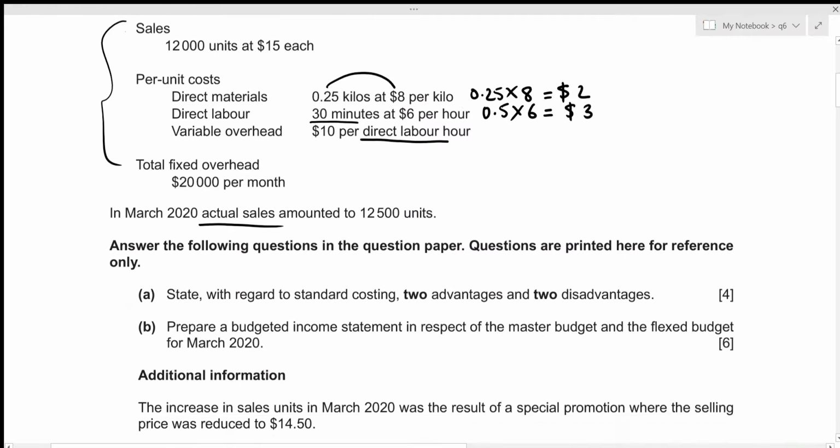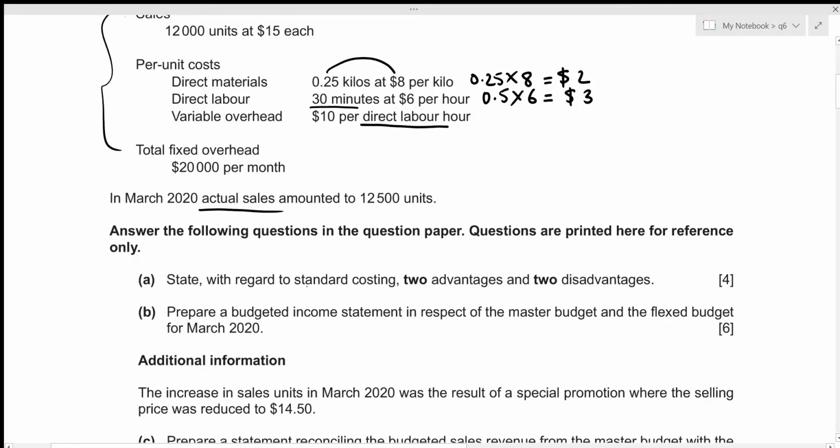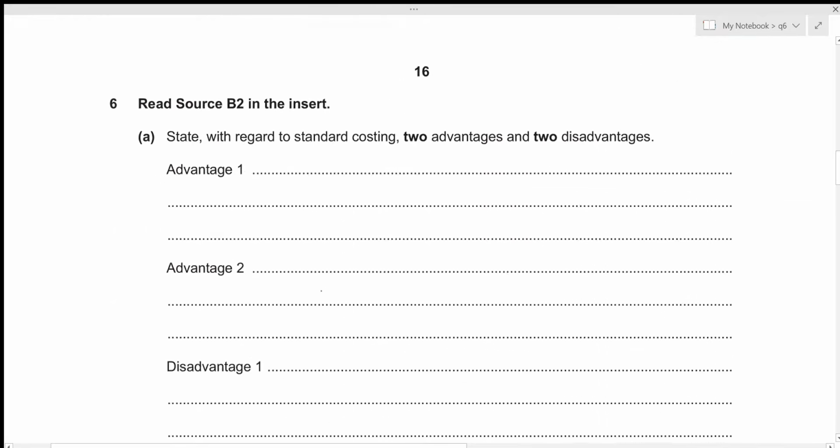Let's have a look at our first question. We need to state with regard to standard costing 2 advantages and 2 disadvantages. Alright, let's write it down. So the first advantage would be that it enables costs to be managed better, because since we've already predicted that future costs could be these numbers, then we are prepared for that cost, right? So this enables the cost to be managed better. Let's write it down.